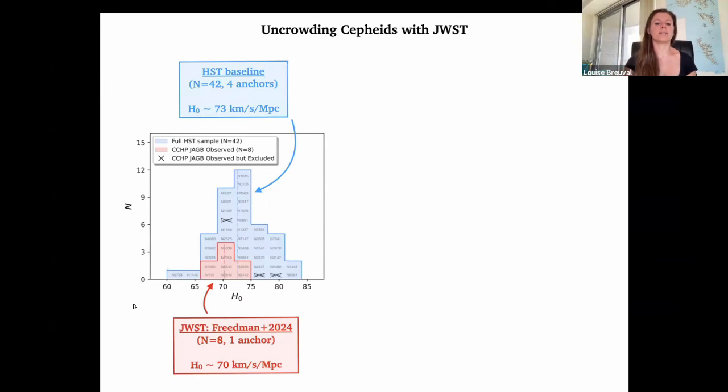And the reason for that is not because there's no tension anymore, but it's just because of the selected subsamples. So there are 8 galaxies here, and just the selection of this particular sample gives you this distribution in H0. But if you look at the same galaxies with HST, you would get the same answer.